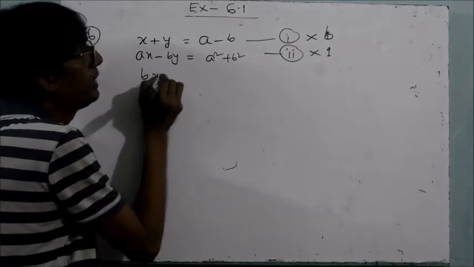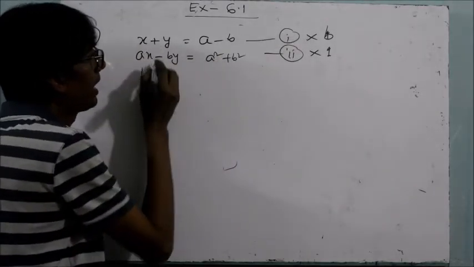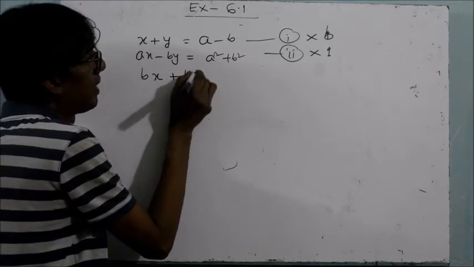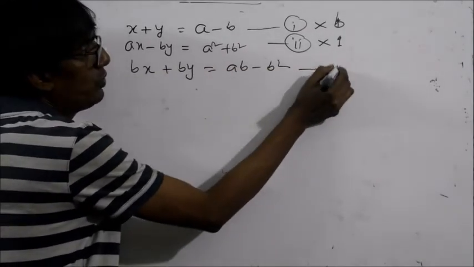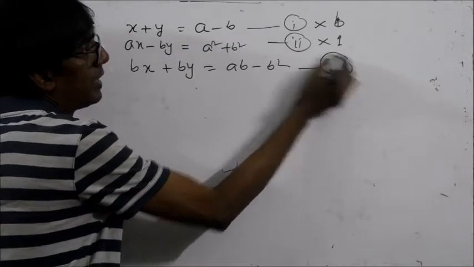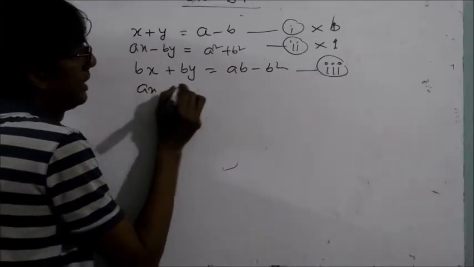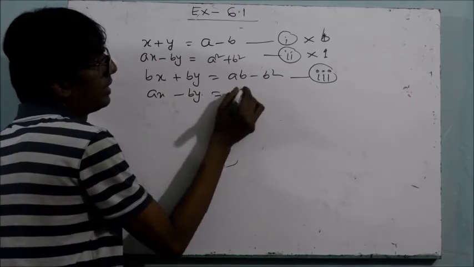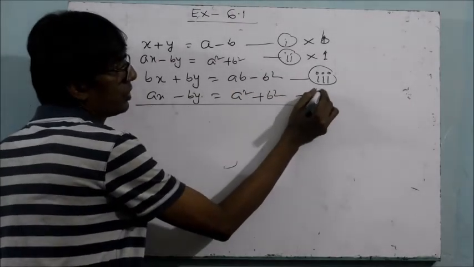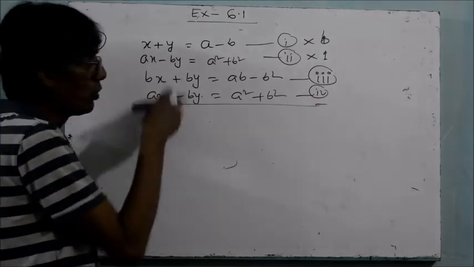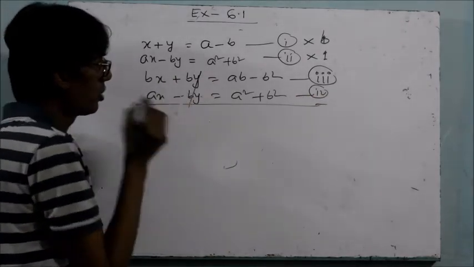Multiplying the first equation by b, I get bx plus by equals ab minus b square, a new equation. And the other is ax minus by equals a square plus b square. Look, both coefficients are equal and opposite, so y is omitted.